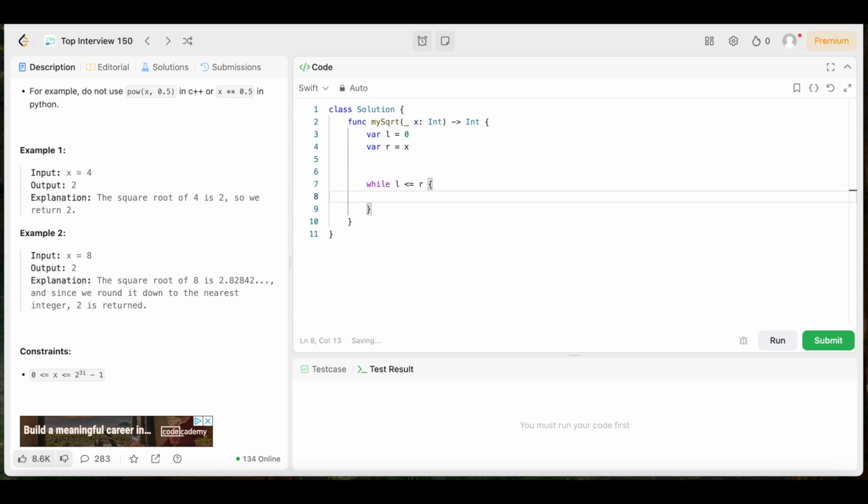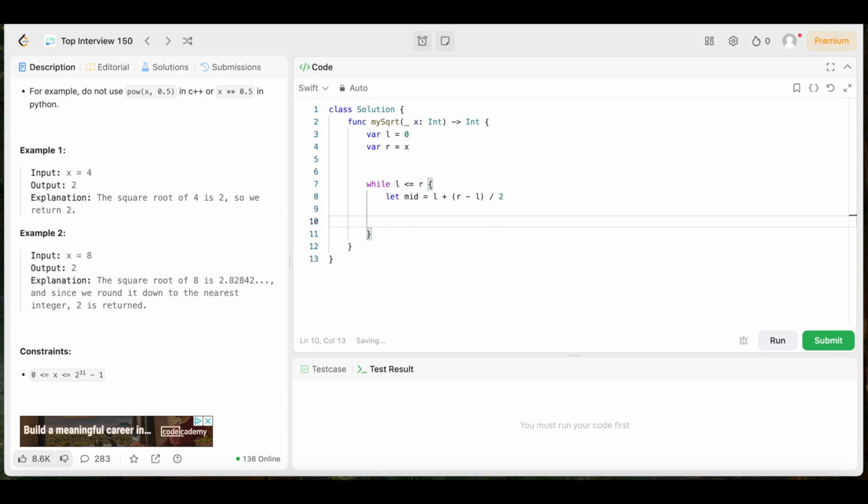The first thing we need to do is calculate the middle value to avoid a potential overflow. So we can say let mid equal L plus, open up the parentheses, R minus L, come outside those parentheses, and divide that by 2. That's going to help us determine our middle value.